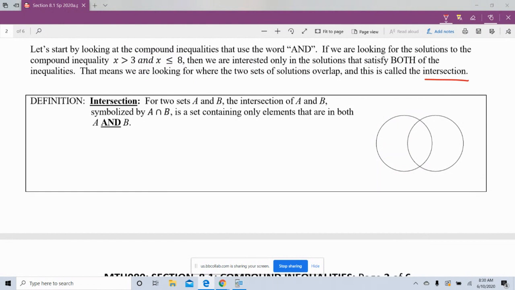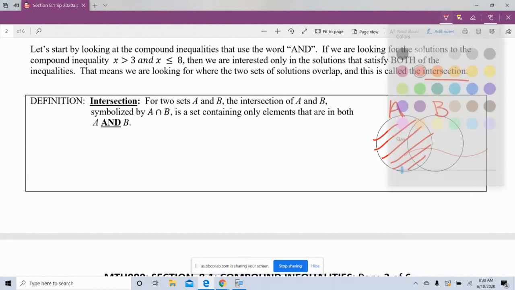So if you think about this first circle here being the set A and the second circle here being the set B, the numbers, or the elements, because they don't always have to be numbers. In this class, they'll mostly be numbers, but in life, it doesn't have to be just numbers. So anything that's in set A, I'm shading kind of like that with red.